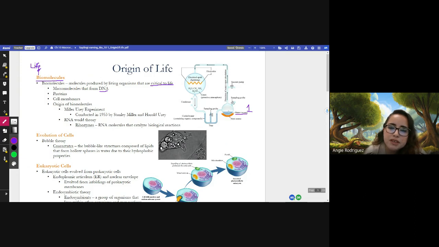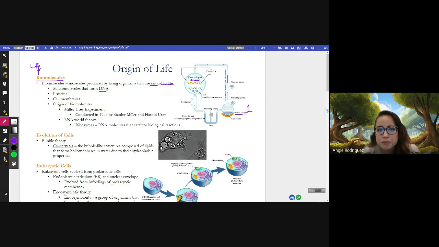So what happens is that the water vapors travel up through this little tube through the direction of the water vapor circulation. It's going to go through this tube, and then it's going to go down to this circular flask here, and it's going to be exposed to an electrical spark that's supposed to recreate lightning in the atmosphere.